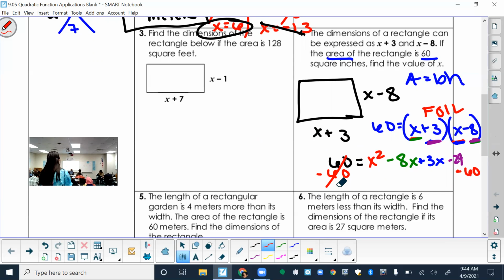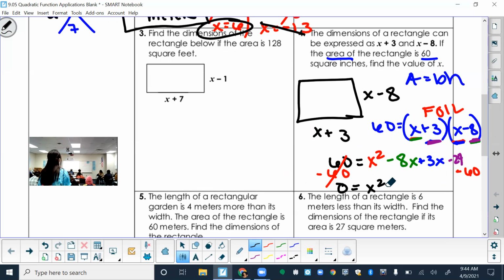On the left side, we have 0. On the right side, we need to combine some like terms. So does x squared have a like term? So I'm just going to copy that over. Do we have multiple x terms? So what are they?